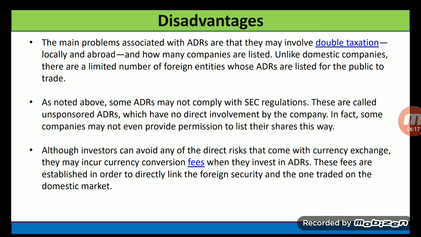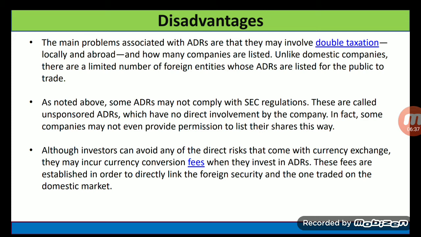In fact, some companies may not even give permission to list their shares in this way, so these unsponsored ADRs have no direct involvement by the company. So this is the second disadvantage.